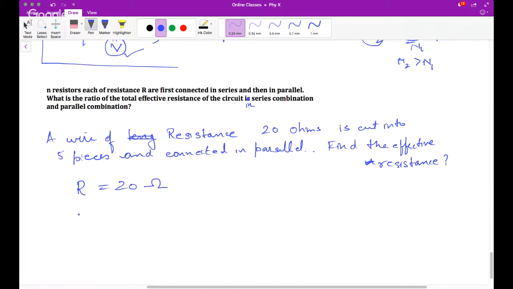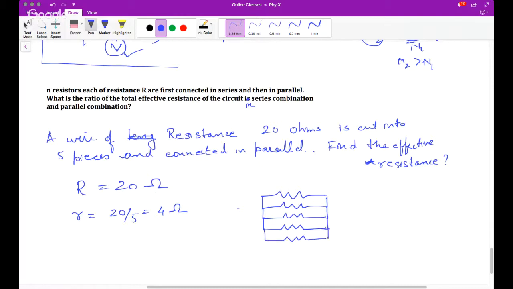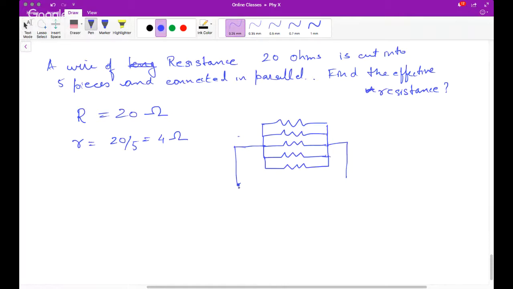So one piece, small r, will be 20 upon 5 equals 4 ohms. Now there are 5 four-ohm resistances. 1, 2, 3, 4, 5. Okay, between A and B.